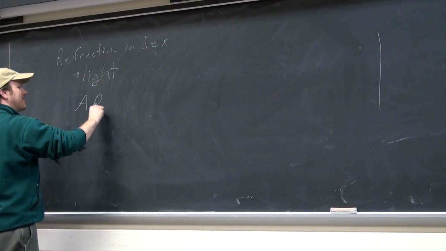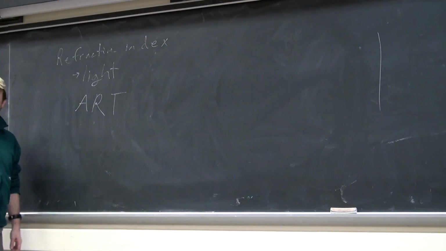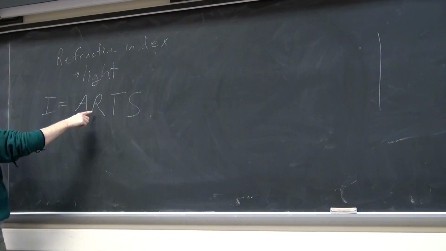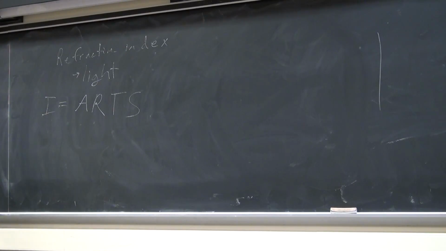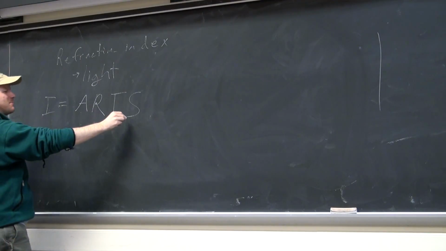Reflects. What else can happen? Transmits. Scatters. So the intensity equals RATS. That's how we remember that. So the intensity is absorption, reflection, transmission, and scattering.